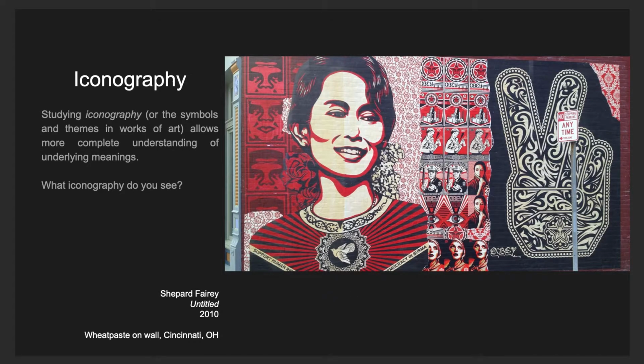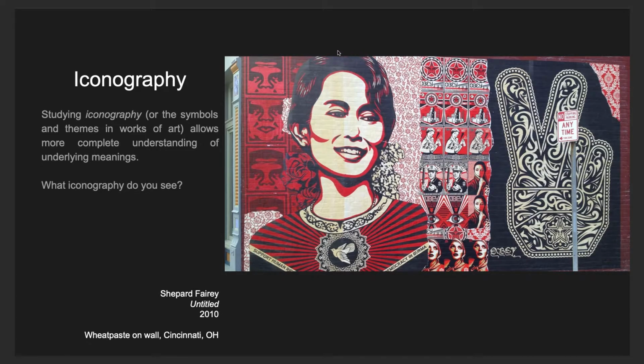What is right here? This is an image of a dove. What does a dove represent? A lot of people will say it represents peace as well, especially in the Christian tradition. You might even be able to recognize this person.